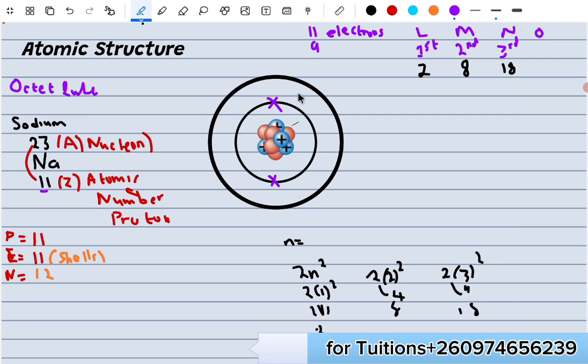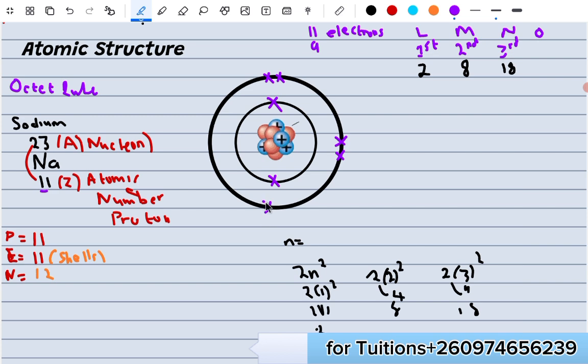So you put them in pairs. When they are 8 and above, you put them in pairs. So 2 can go there, the other 2 there. That is 1, 2, 3, 4.